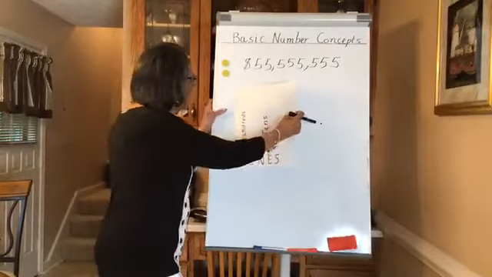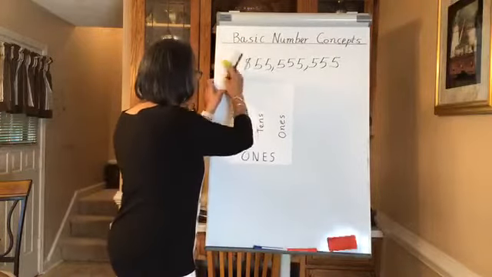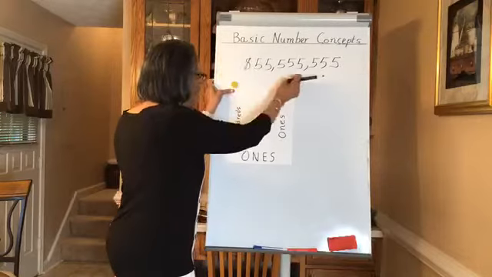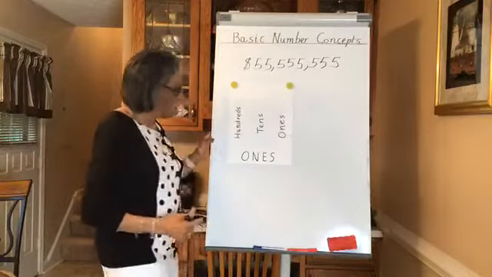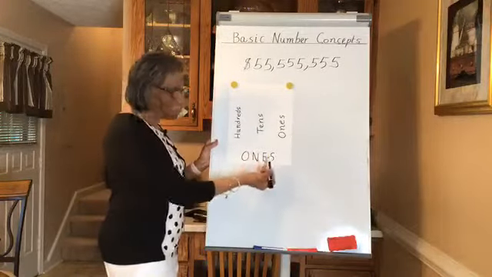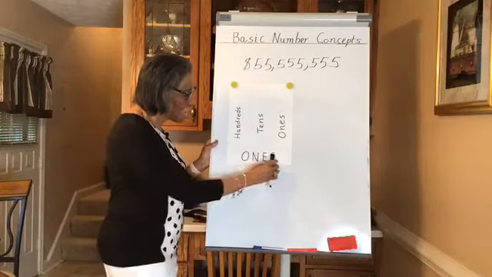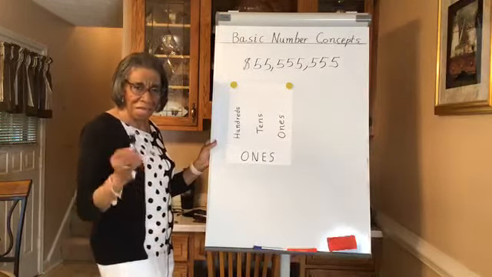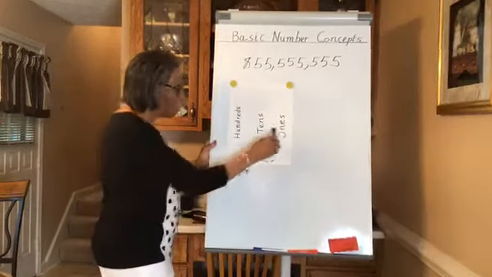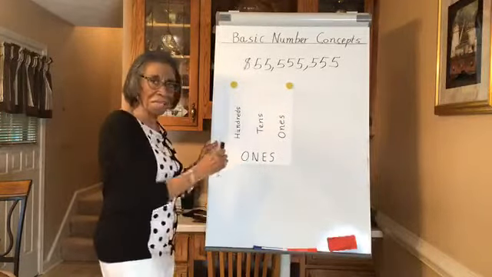All right, I'm going to put something up here that I'm sure most of you are familiar with. All right, these are place. This is a part of a place value chart. And this is the ones family. Just think about it like a family of yours. And these are the members of the family.